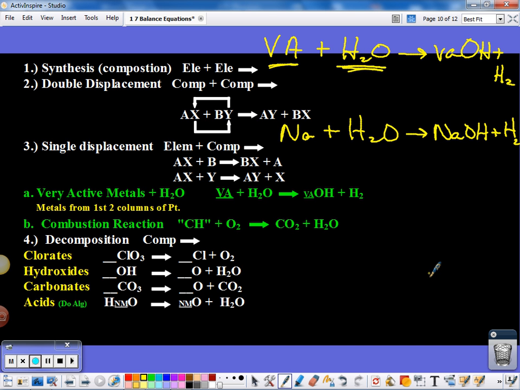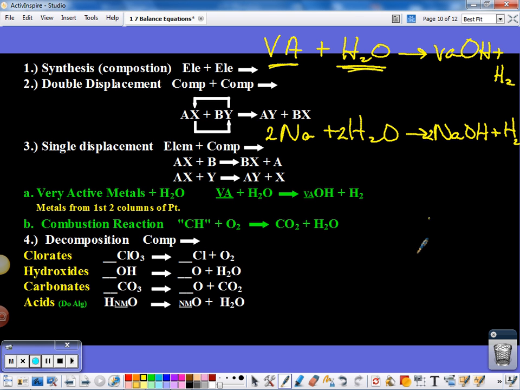Now you have to balance. The sodiums are balanced. The O's are balanced. You have to skip the H's because they're in too many places, so save those for last. Then the H's, I have 2, and over here I have 2 plus 1, 3. So odd even says go back and double the first thing you did.